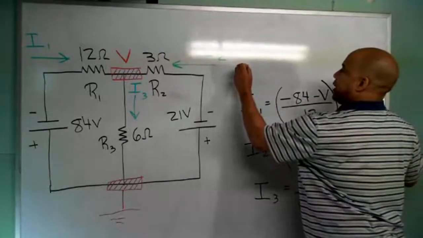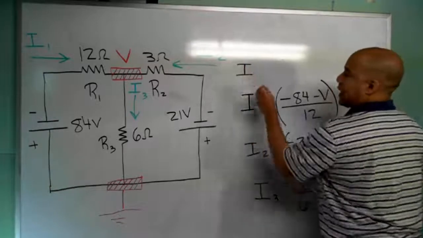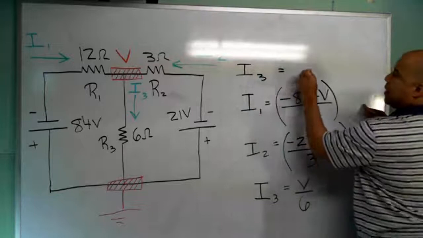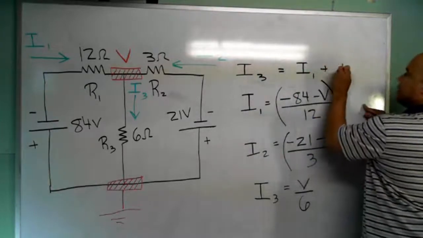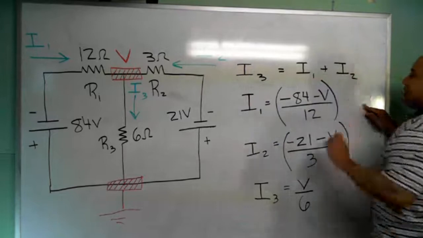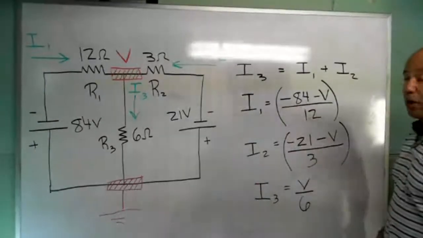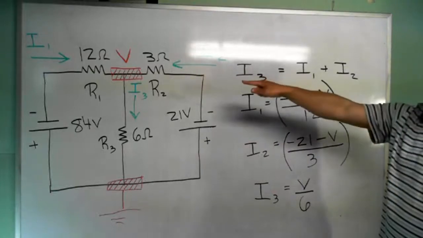I guess you can see right here. We said the KCL for this was I3 equals I1 plus I2, based on the current directions that we chose. So here's the KCL, Kirchhoff's current law, for node V.